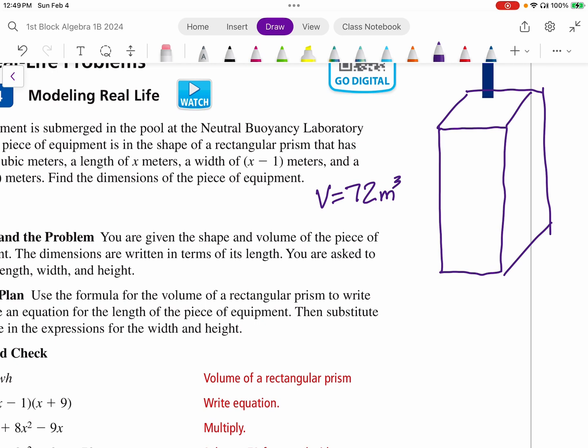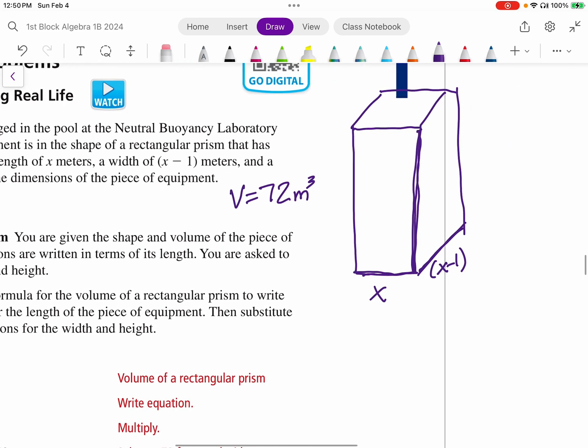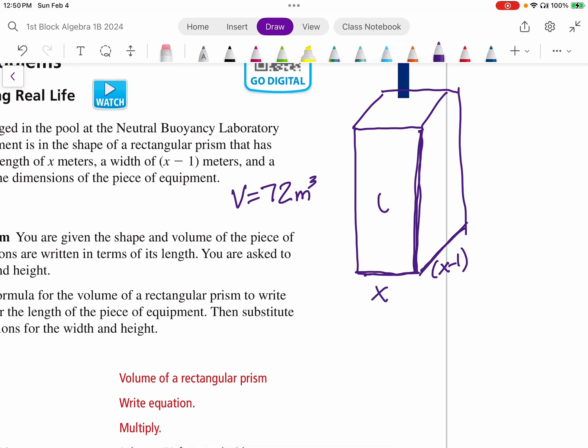The length, maybe right here, is x meters. The width is x minus 1 meters. And the height is x plus 9 meters. And we find volume by doing length times width times height.